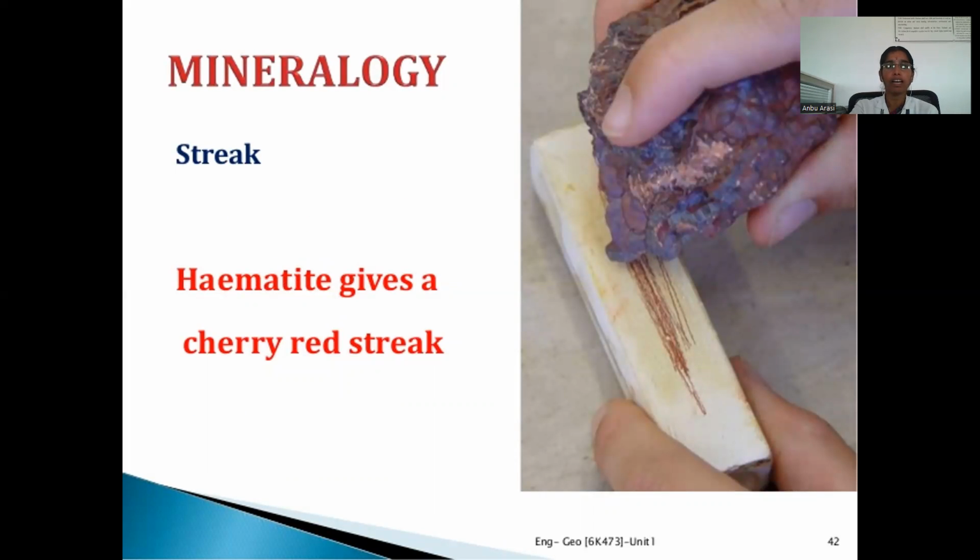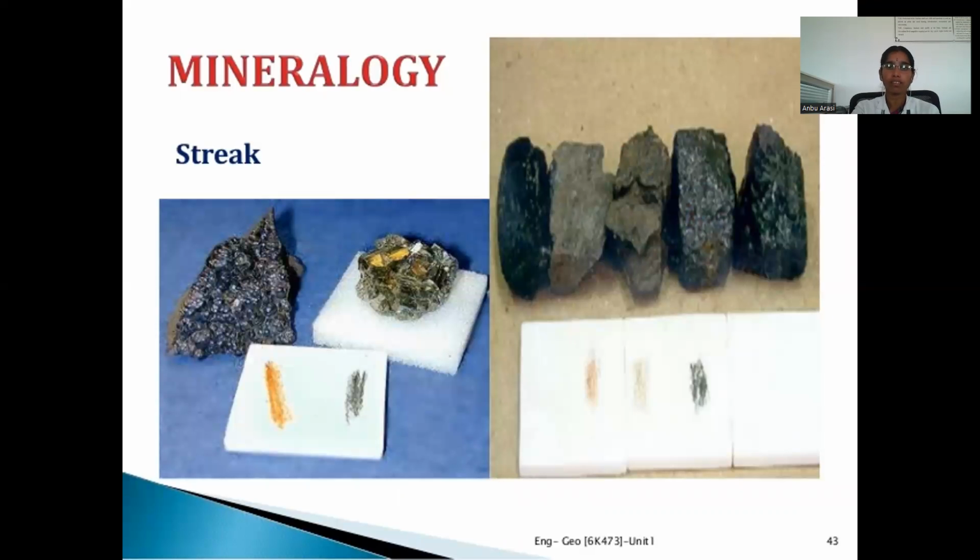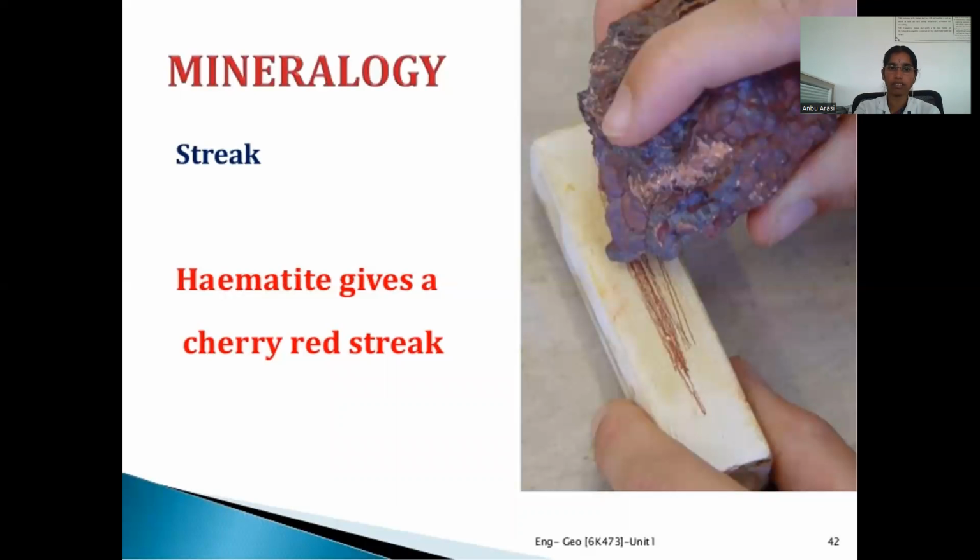Hematite gives a cherry red or brown streak. These are some examples of streak. Quartz: its color is white, and its streak is also white. Pyrite is a golden yellow color, but its streak is black.